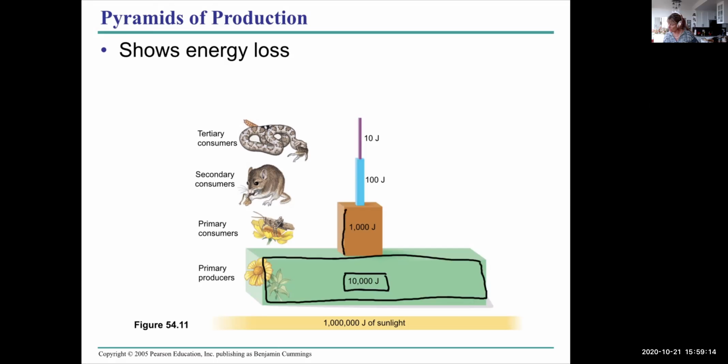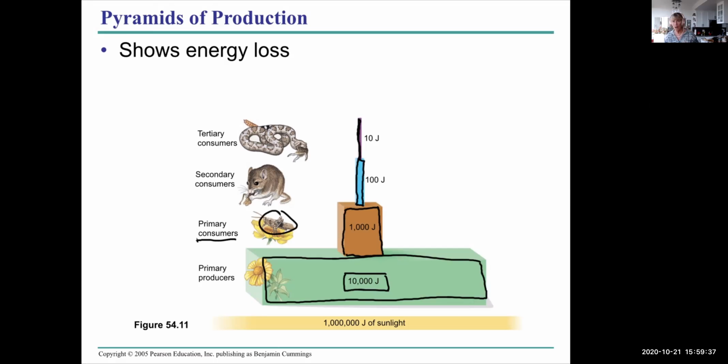Only 1,000 joules of energy is available for new growth of the primary consumers. In this case, it looks like a locust or a cricket. And then that gets much smaller, 100 joules only for secondary consumers and only 10 joules for the tertiary consumer.